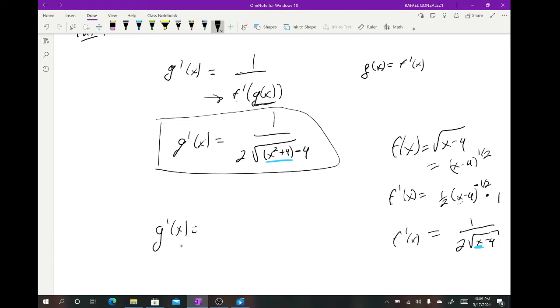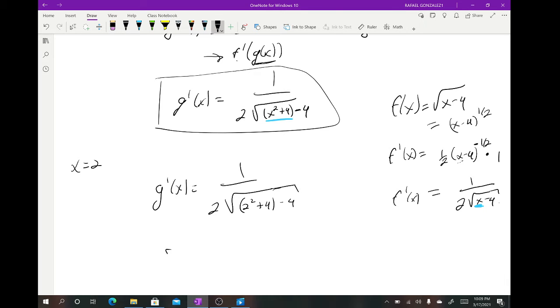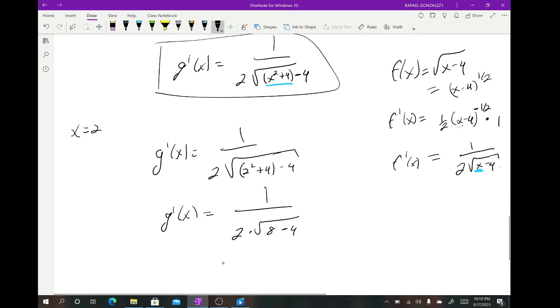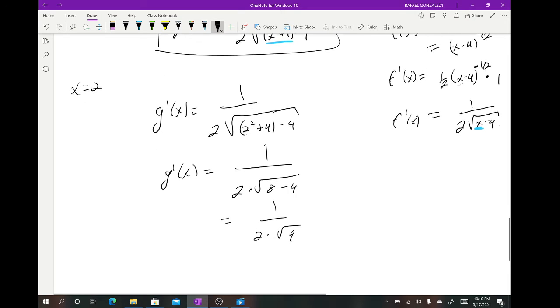So g prime of x is going to be equal to 1 over 2 times the square root of, and we were evaluating this at x equals 2. So it's going to be 2 squared plus 4 minus 4, which means we have g prime equal to 1 over 2 times the square root of, well, 4 plus 4 is 8, minus 4, which is 1 over 2 times the square root of 4, which equals 1 over 2 times 2, which equals 1 over 4.